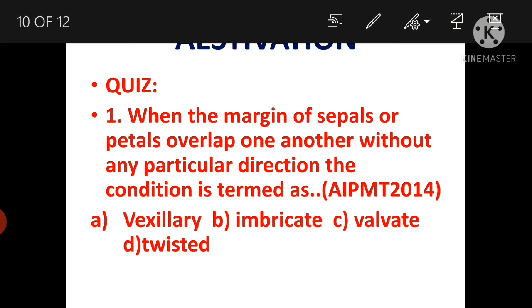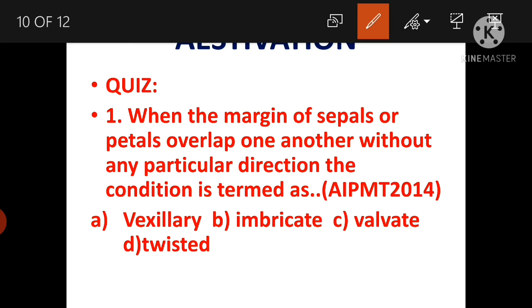Now let's see the various types of questions which have been asked in NEET and other competitive exams, with tips on how to answer them. When the margins of the sepals or petals overlap one another without any particular direction, the condition is termed as: valvate, imbricate, vexillary or twisted.